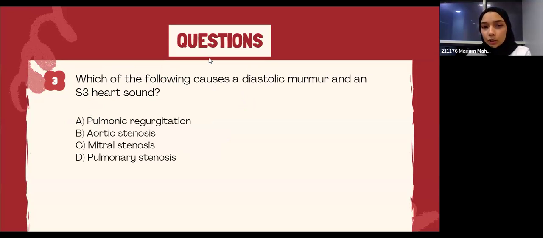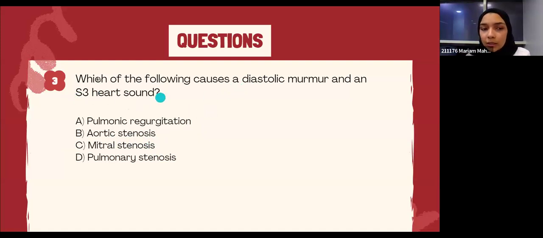So basically, a diastolic murmur, when the ventricle is in diastole, what can happen is aortic regurgitation, pulmonic regurgitation, or mitral and tricuspid stenosis.